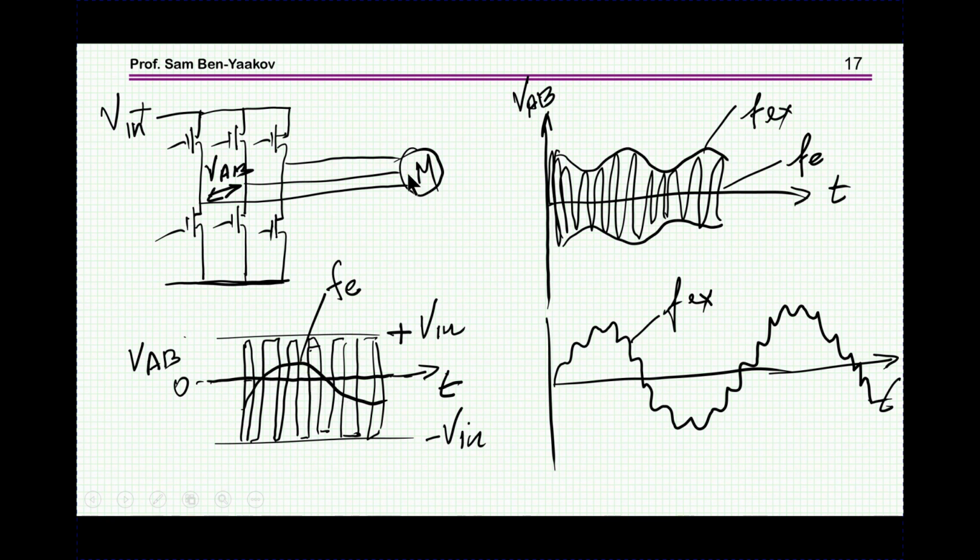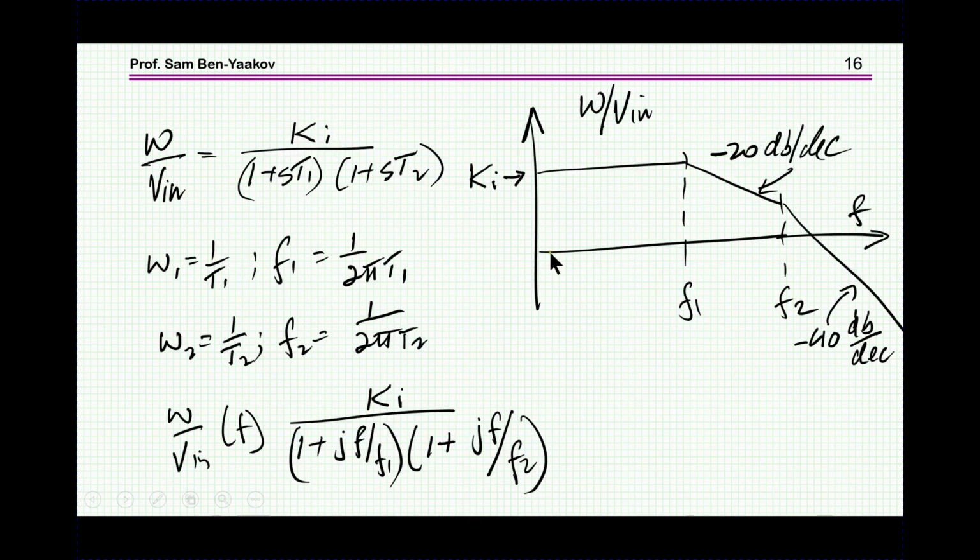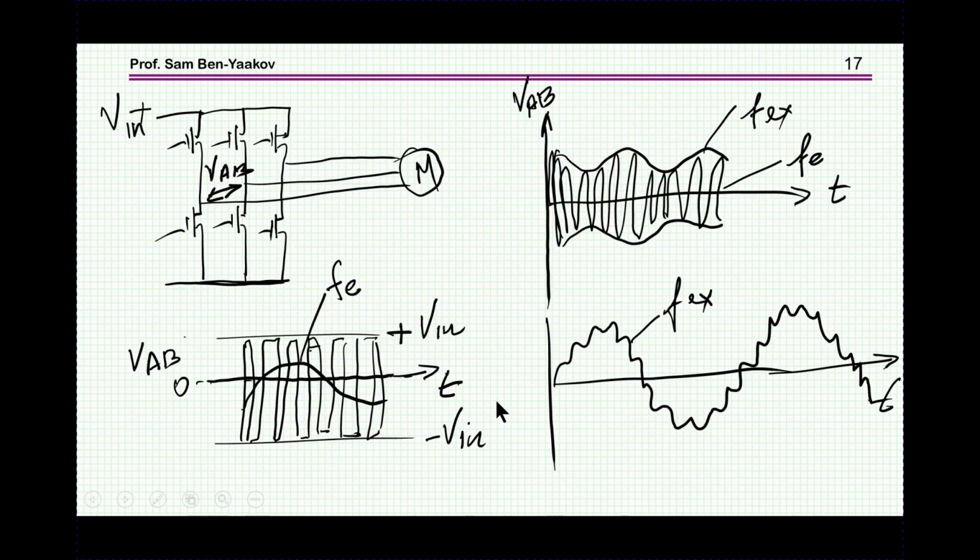Now, when we are talking about the small signal response, we are talking about modulating this signal. This is now the drive to the motor, the average drive to the motor, and we are actually modulating it with a small signal.